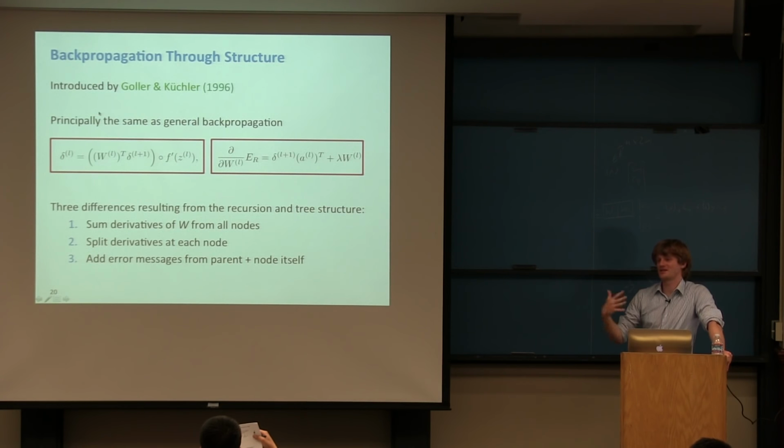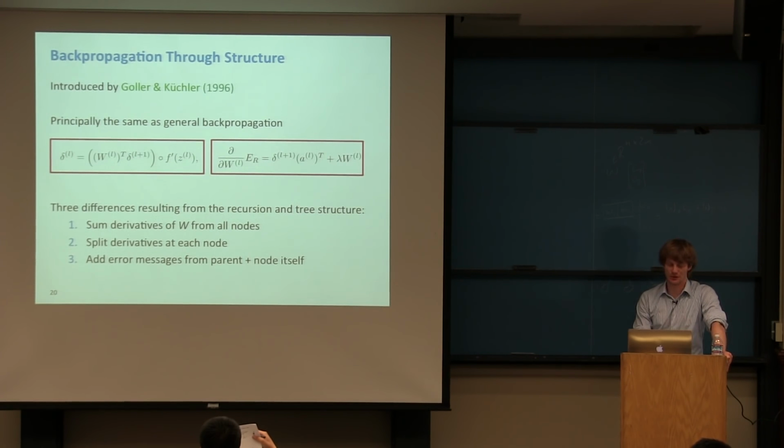So this is really just standard taking derivatives again, but there are a couple of subtleties here, so let's walk through those quickly. The main equations that we had derived in their gory details, and you can read up in the lecture notes now too, again we have these deltas, the error messages that come from every layer, and they're basically being passed down the neural network, and we will update the different W matrices here with this outer product of the delta from the previous layer times the activations of the current layer.